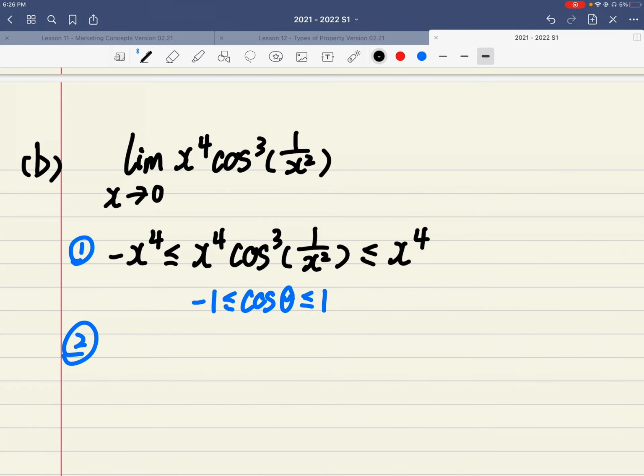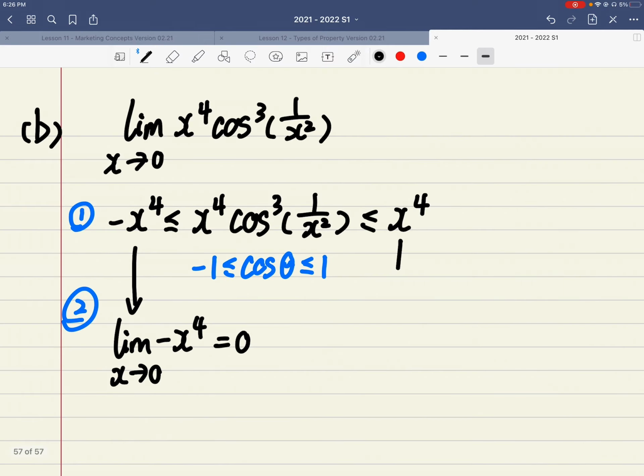The second part of the squeeze theorem is that for both sides, their limits are the same when x is approaching 0. So the limit of -x to the power 4 is 0. And for the right-hand side, the limit of x to the power 4 is also 0. For both sides, the limits are both 0.